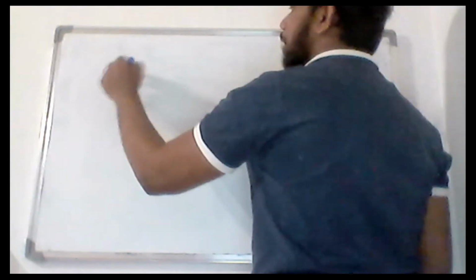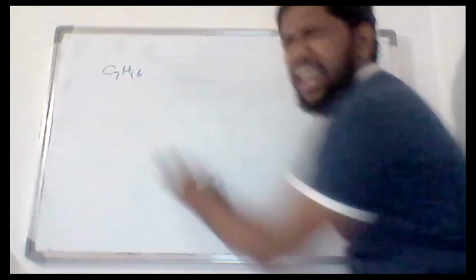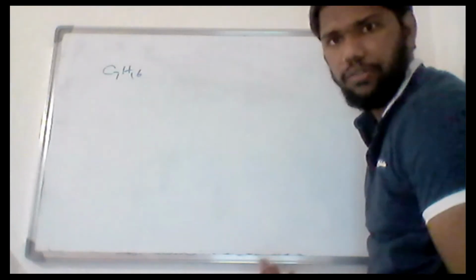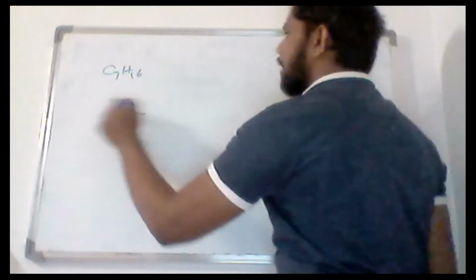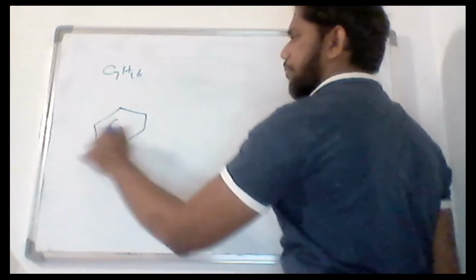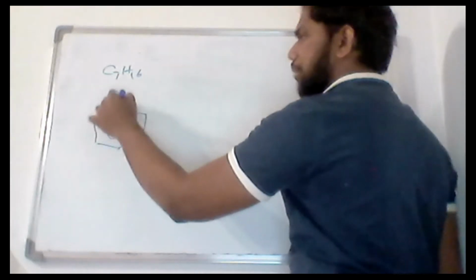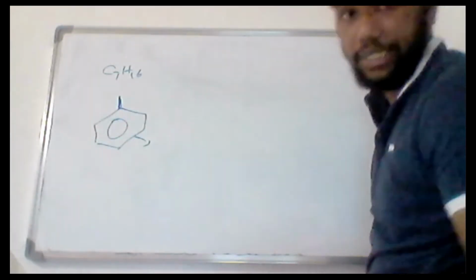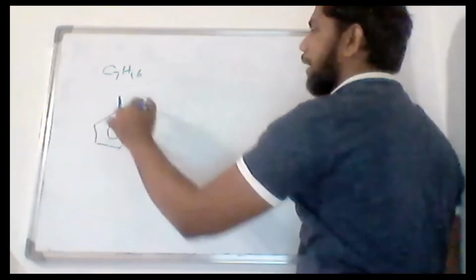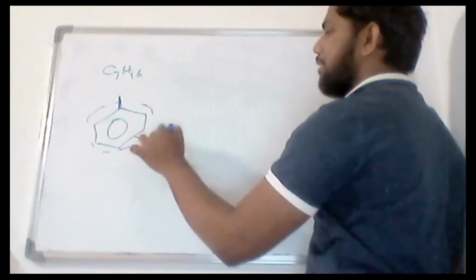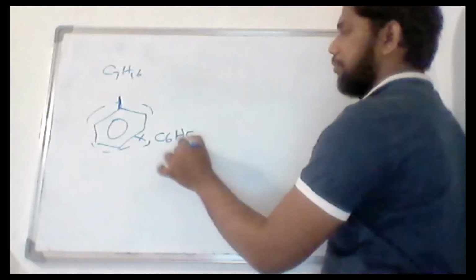The second thing is, one might think this can be a benzene compound. If this is an aromatic compound, it should be substituted somewhere to show optical isomerism, and this entire part will be C6H5.